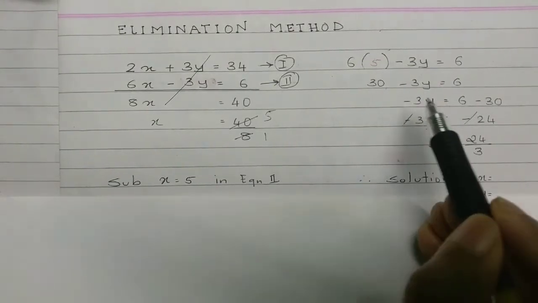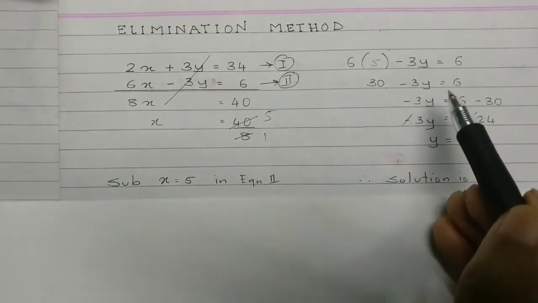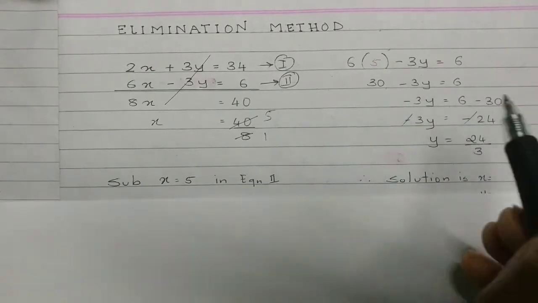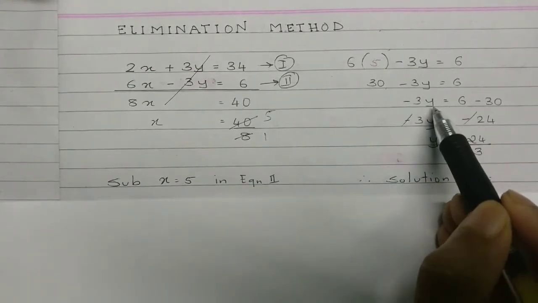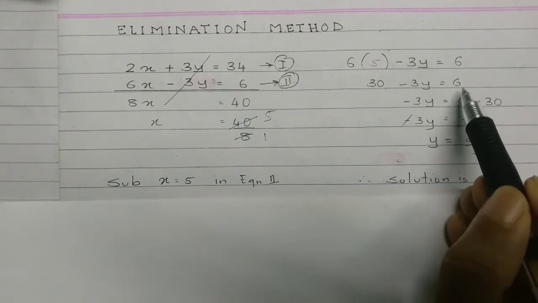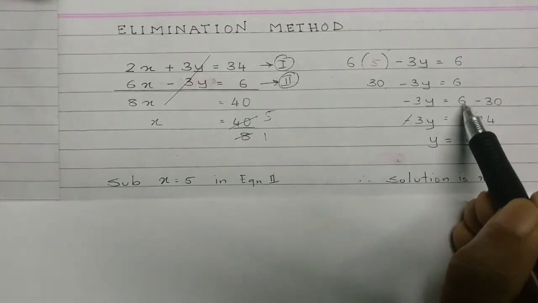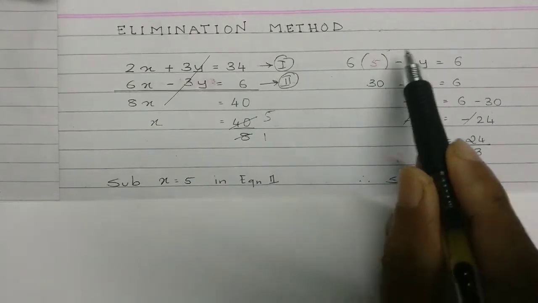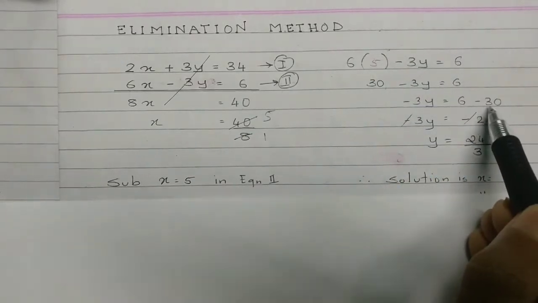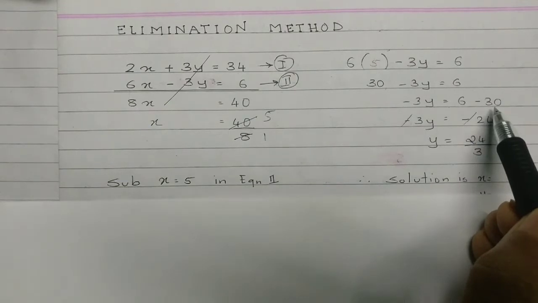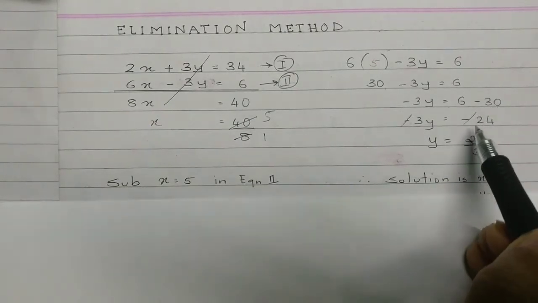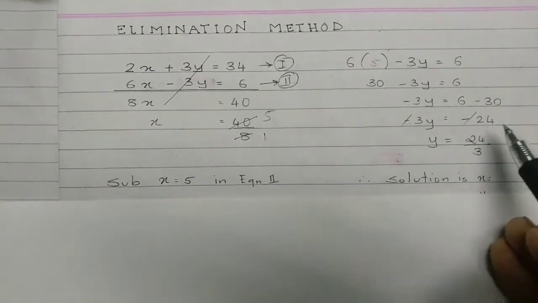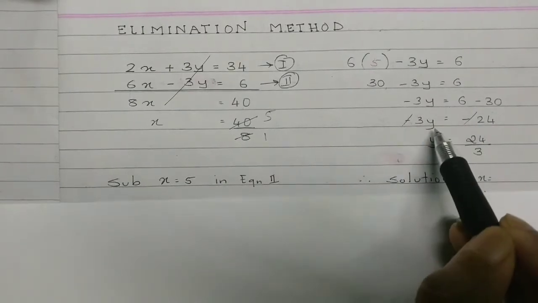Then what I will do is, simple rule again, take the like terms together. So minus 3y remains here, is equal to 6, which is on the right hand side. This 30, which is positive on the left hand side, goes on the other side of equal to and becomes negative. So 6 minus 30 will give me minus 24 and minus 3y as it is.